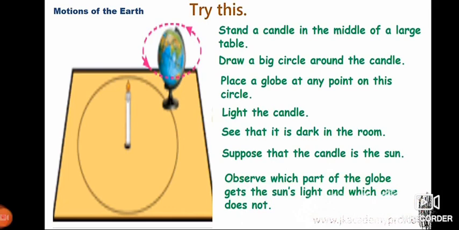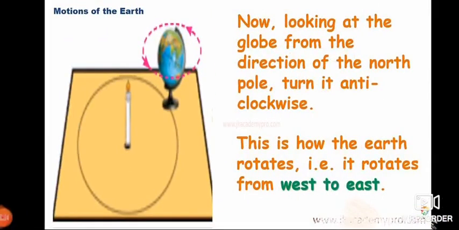So afterwards, see what they are telling. Now let us learn in which direction the earth rotates. So see, now looking at the globe from the direction of the north pole, turn it anti-clockwise.